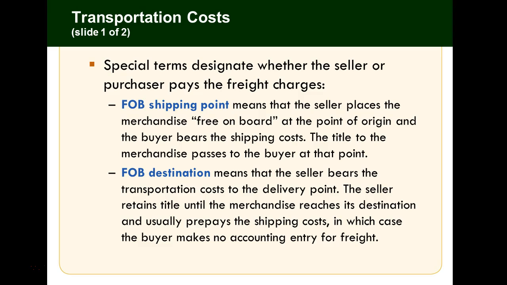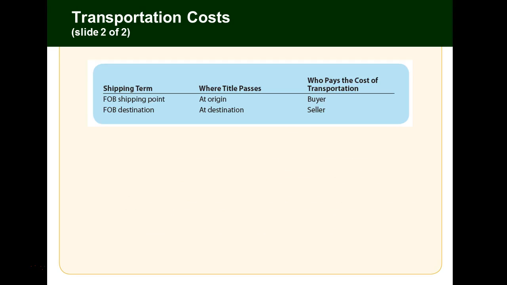So basically, if the seller's paying the shipping, the buyer's not going to have to worry about any shipping. FOB shipping point means the buyer's going to pay all the shipping costs. If it's FOB destination, then the seller is going to pay the shipping costs. The title always is correlated with who's doing the shipping.